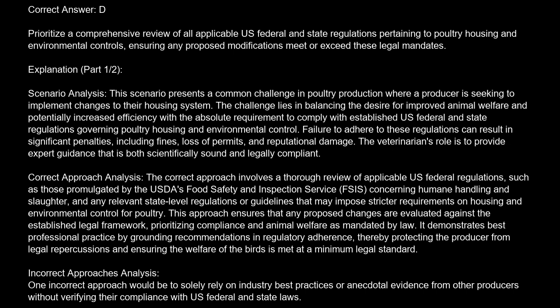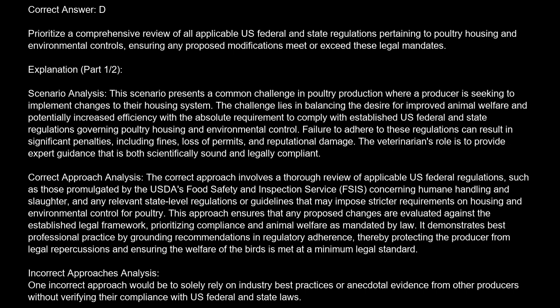Correct approach analysis. The correct approach involves a thorough review of applicable U.S. federal regulations, such as those promulgated by the USDA's Food Safety and Inspection Service, FSIS, concerning humane handling and slaughter, and any relevant state-level regulations or guidelines that may impose stricter requirements on housing and environmental control for poultry.